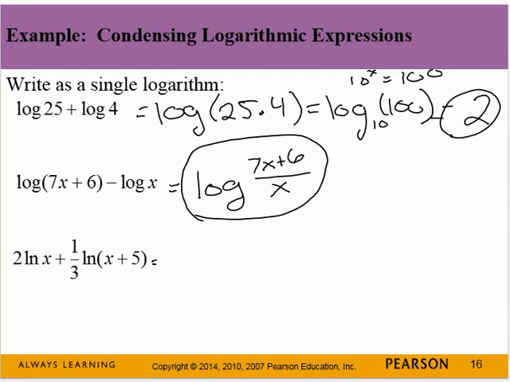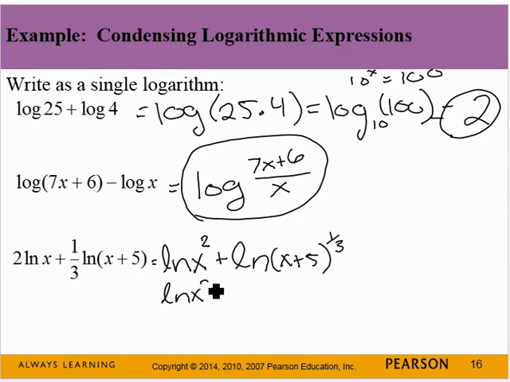So next one, there are a couple steps you're going to have to take. You have a power, so that means we're going to have ln x squared plus ln x plus 5 to the 1/3. The other way of writing this portion is your cube root.